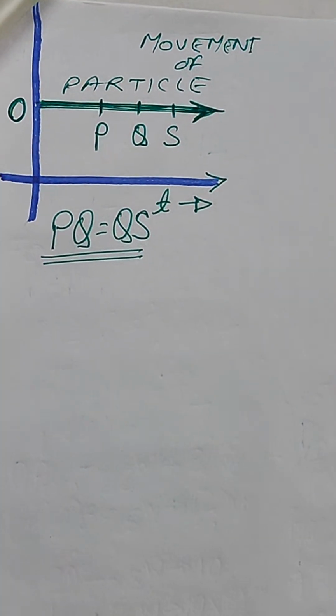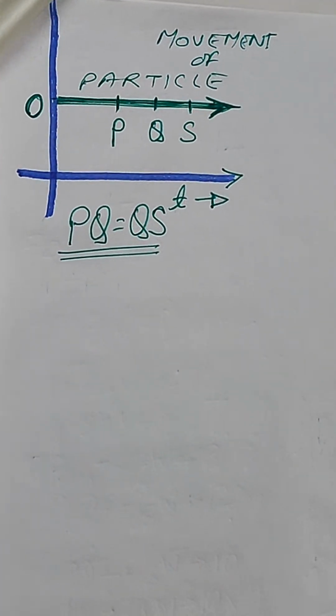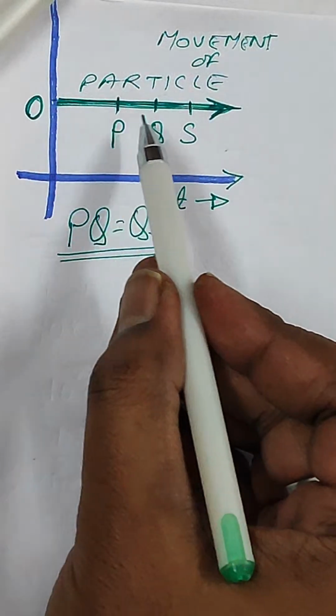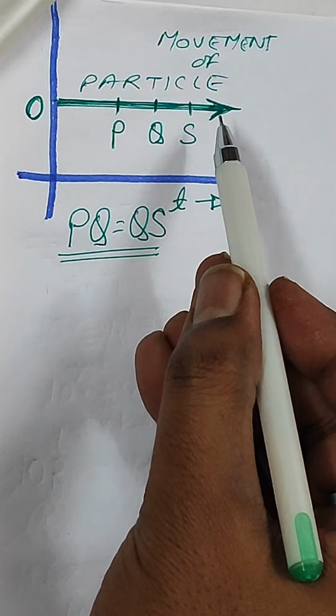Now, from this graph, we can see that a particle is moving with uniform acceleration along a straight line. So this is the straight line of the motion of the particle, right?